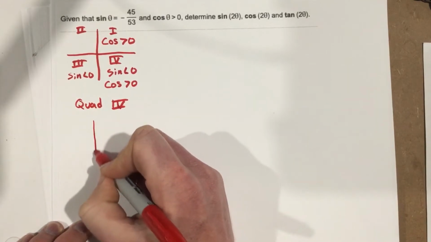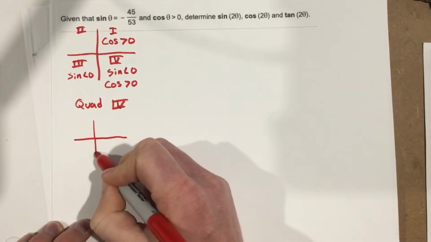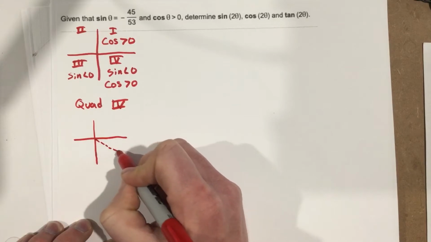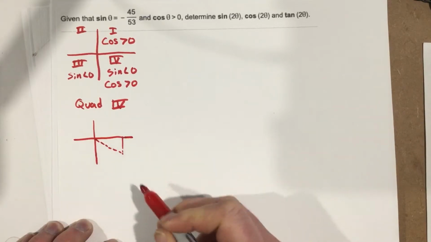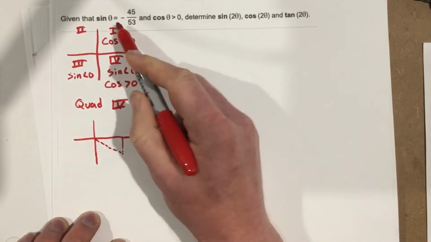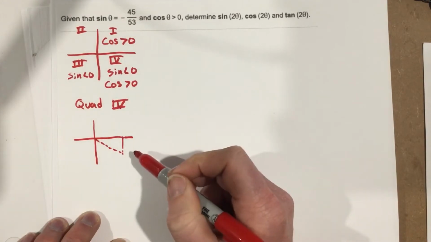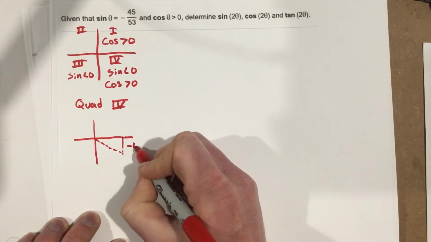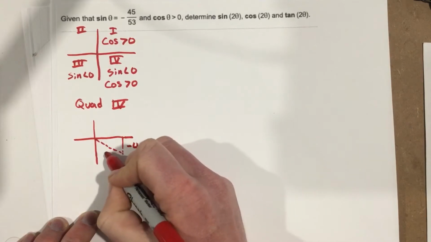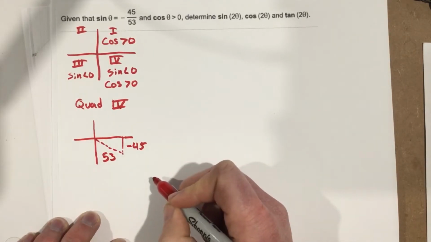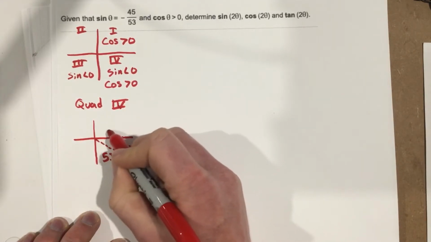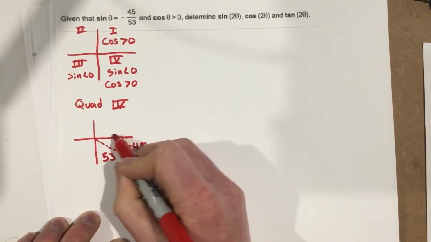So then we draw the coordinate plane again, and this time we're going to draw our triangle. It says sine is negative 45 over 53. So that's negative 45 for the opposite side and 53 for the hypotenuse. Question is, what's cosine? We've got to find this side right here.